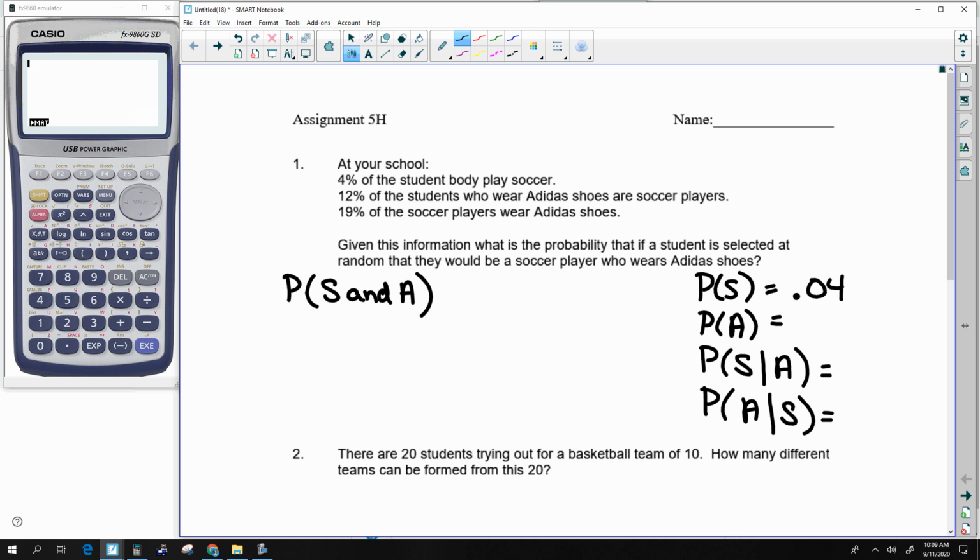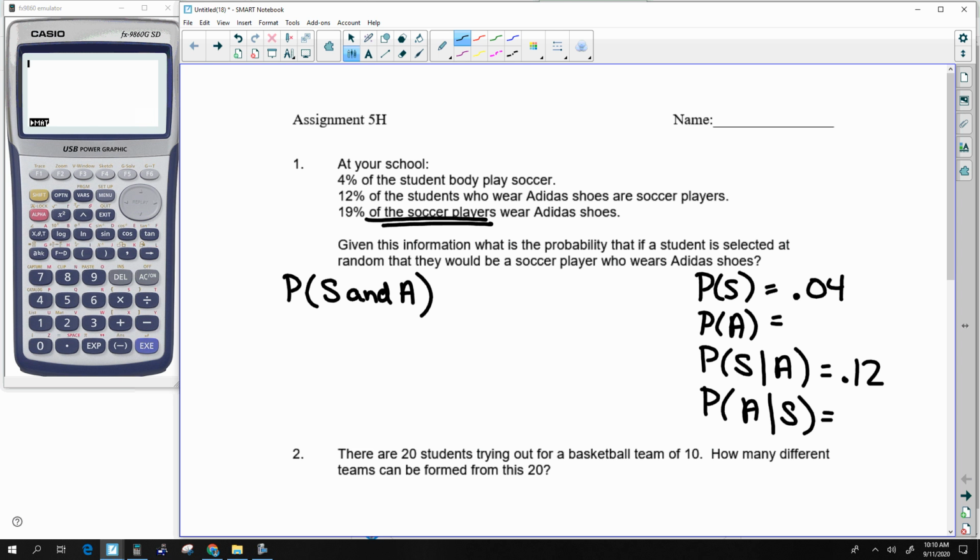So given that we know that every single one of those people wear Adidas shoes, of the students who wear Adidas, this many of them are soccer players. 19% of soccer players wear Adidas shoes.